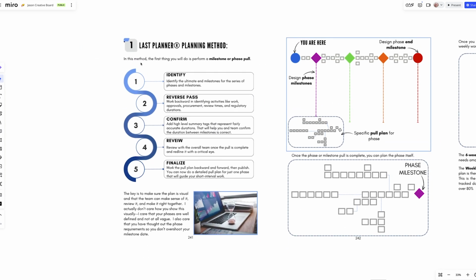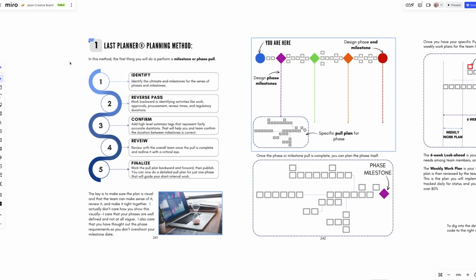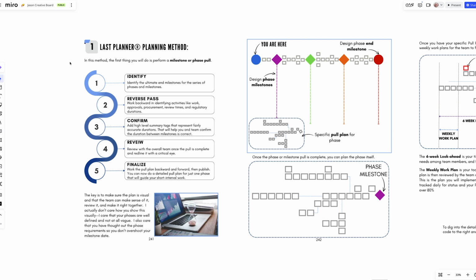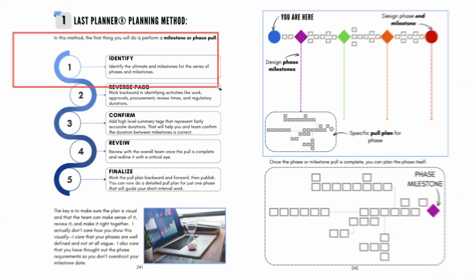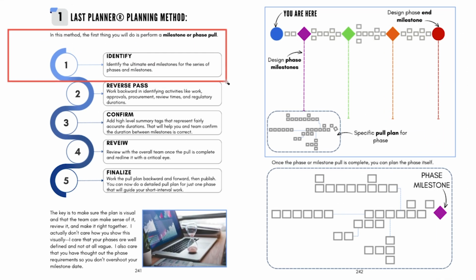So, if we're doing Last Planner in pre-construction, there's a couple of things that we need to think about. First of all, the goal is for us to keep design on track, but not to be too rigid, right? So what we'll do is we will follow these steps generally as we start here. Number one, identify. Identify the ultimate end milestones for the series of phases in your design effort.